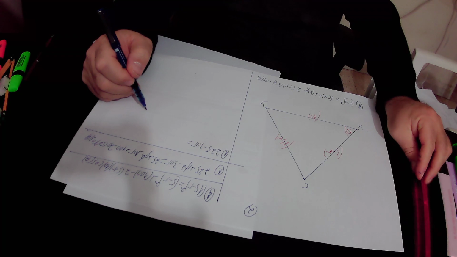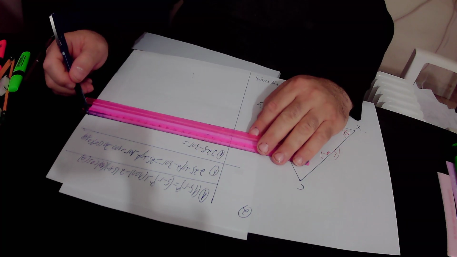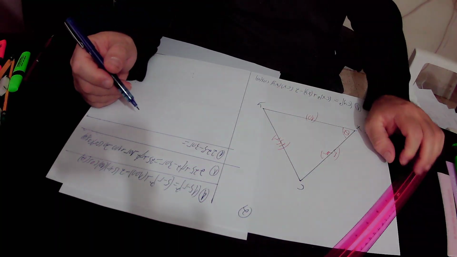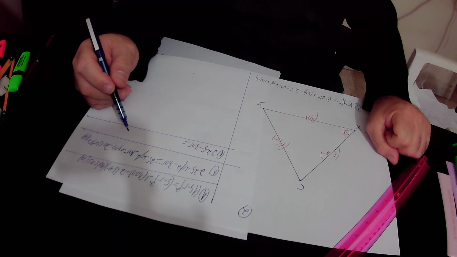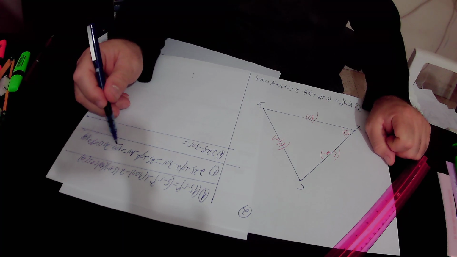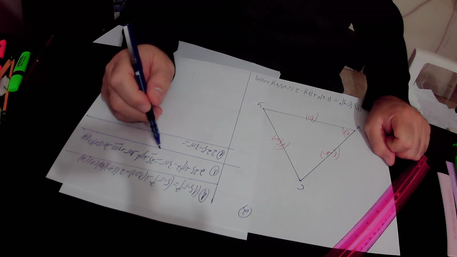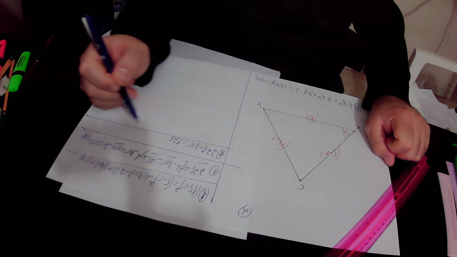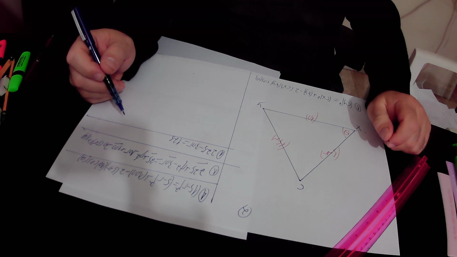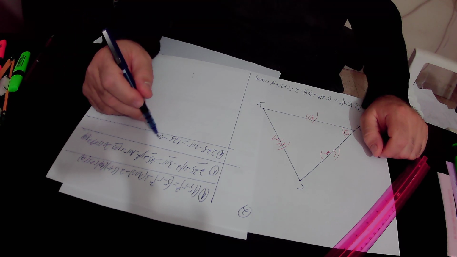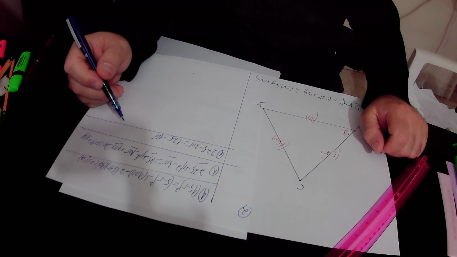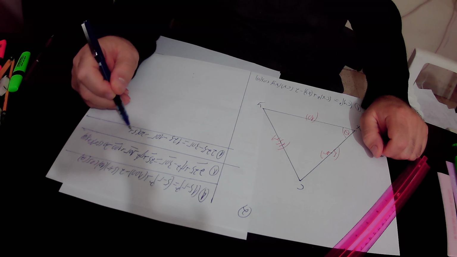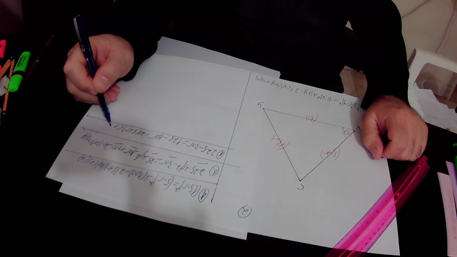And on the other side of equation number 1, we have 25 plus 100 is 125, minus 10r, minus 20 times (5 plus r) times cosine theta.